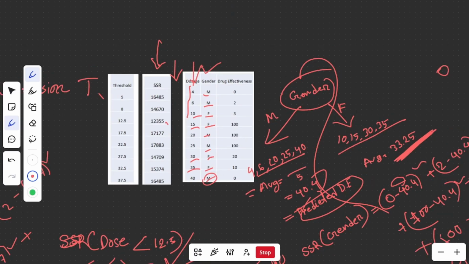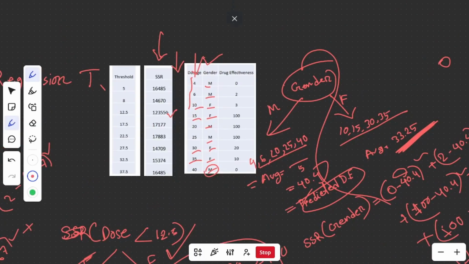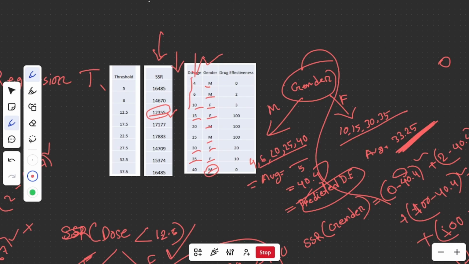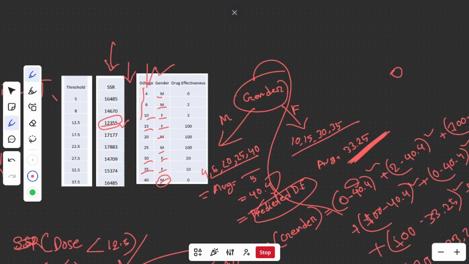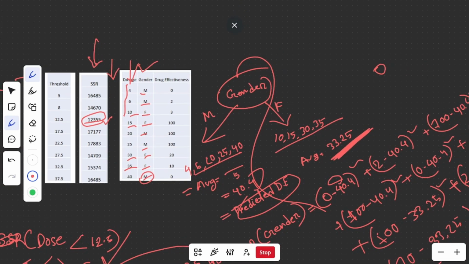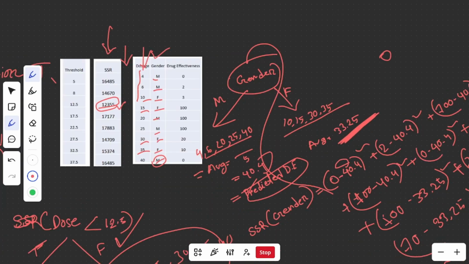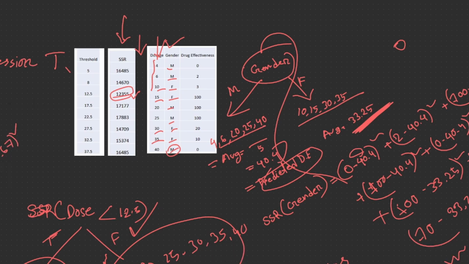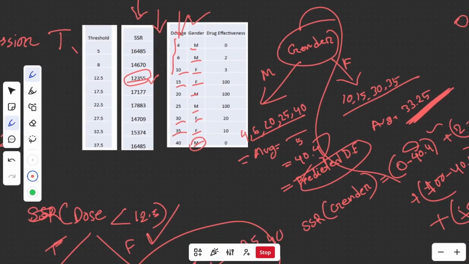Here it is, the SSR will be 12355 and the other SSR will be this, but you can see the minimum is this, so we will choose age less than 12.5 here. So this way we will solve the regression tree and can go to a final decision. That's all. Thank you.